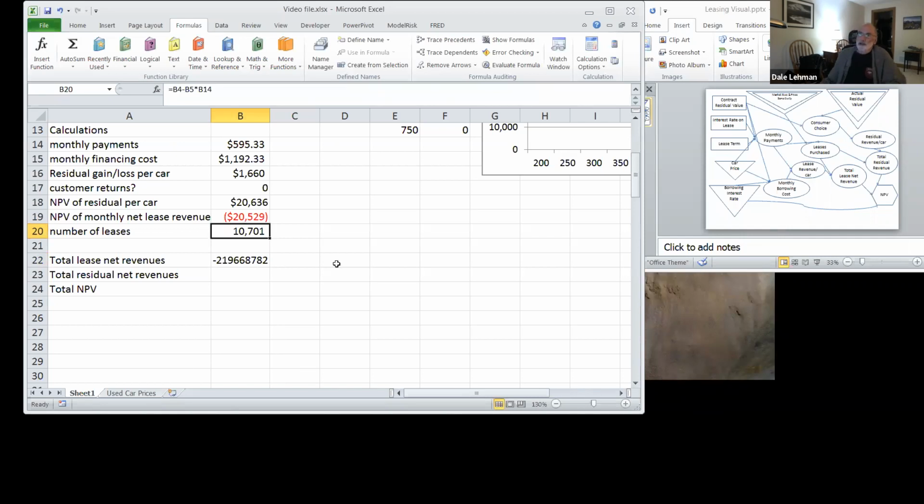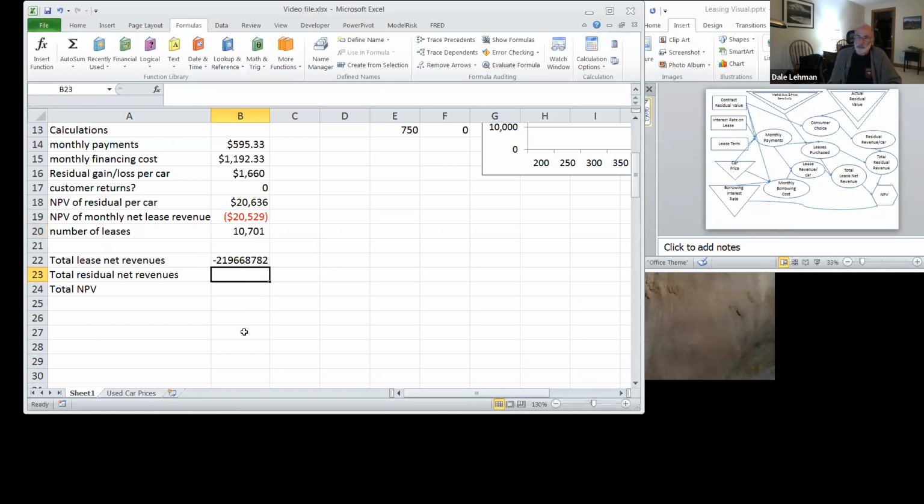And we could round it off if we want, but with a fraction, you could interpret it as sort of the average number of leases that we have, and the average could have a fraction in it. Just so we hide the fraction, I'll just format it so we have 10,701 leases.